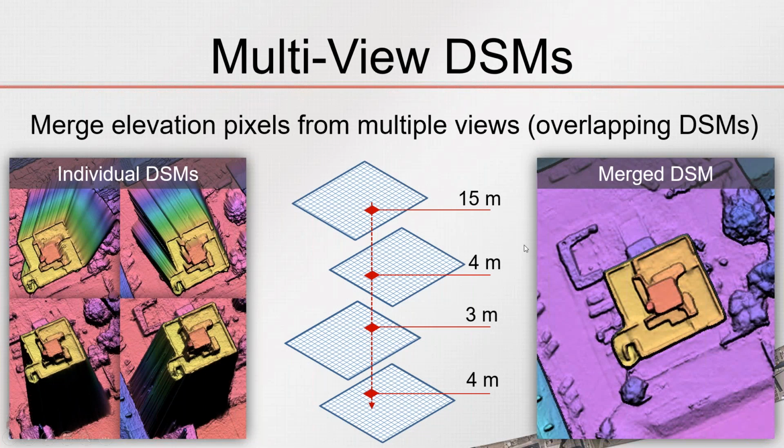So because we have this semi-global matching DSM extraction capability at very high resolution, we can actually merge all of these different DSMs and produce a nadir looking DSM, which will remove occlusions and problem areas within the DSMs, which can then be transferred over to the DTM.